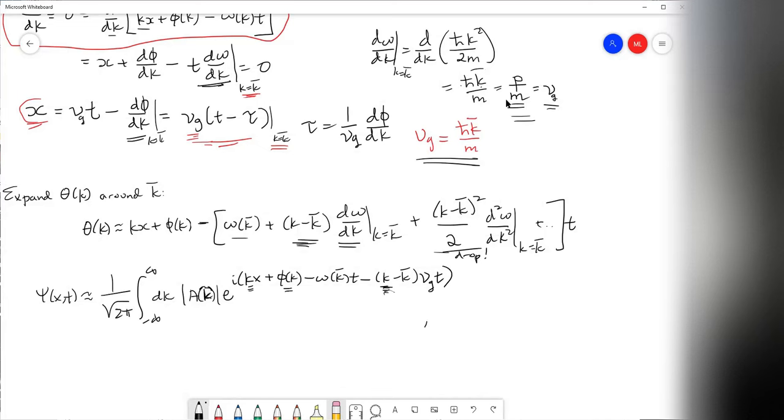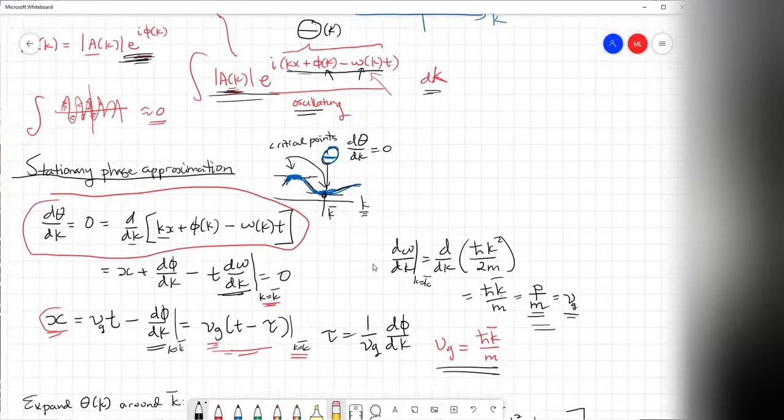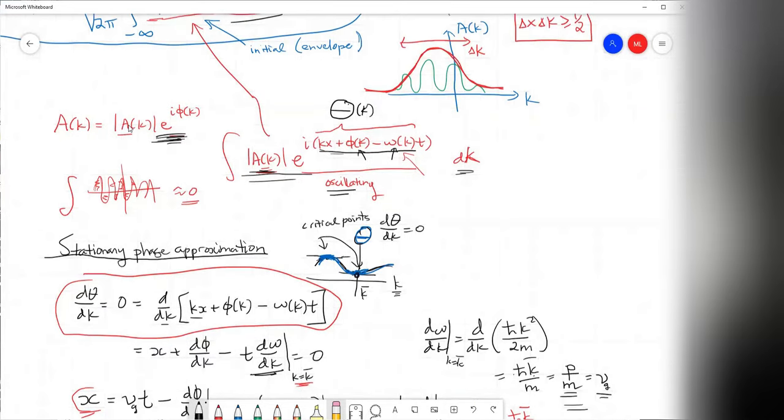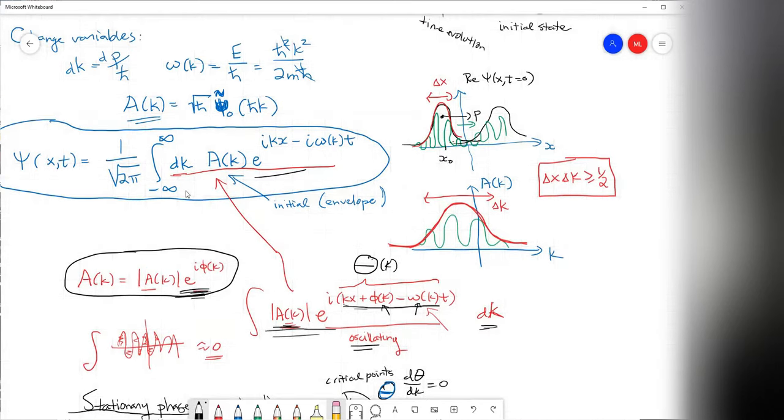Basically, we know about the original a, the original a of k. We sort of know what it is. It's just the Fourier transform of the initial wave function.